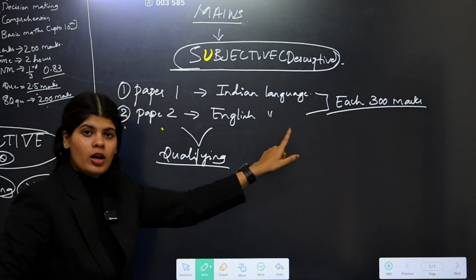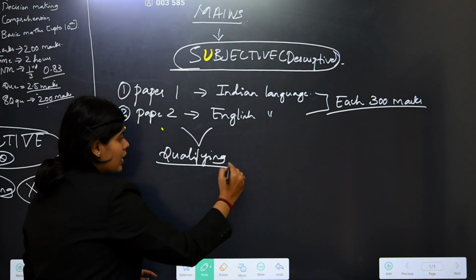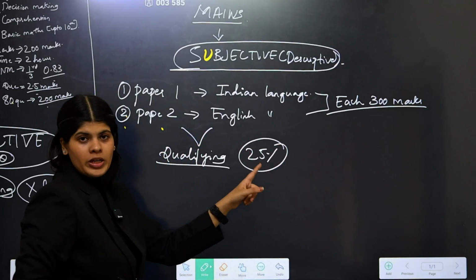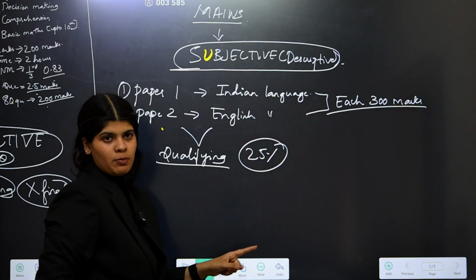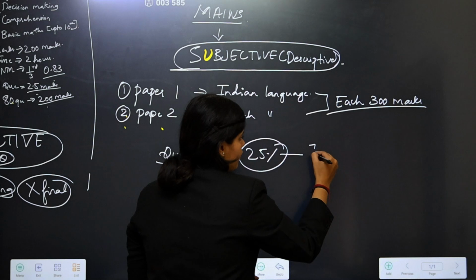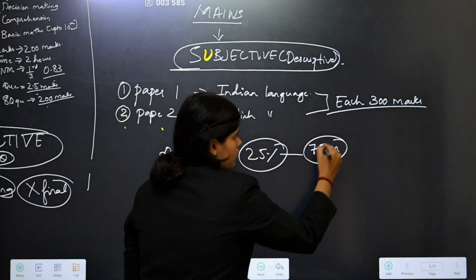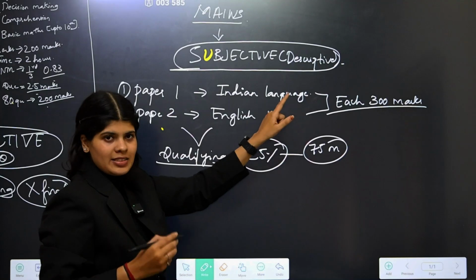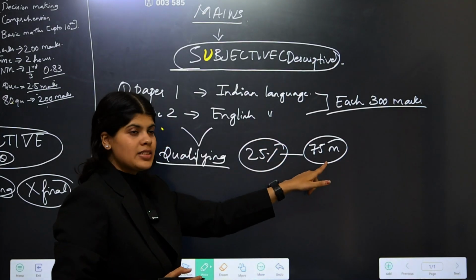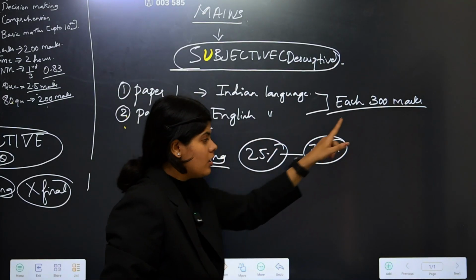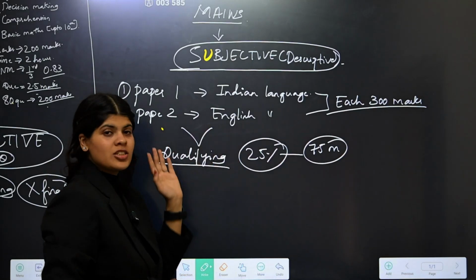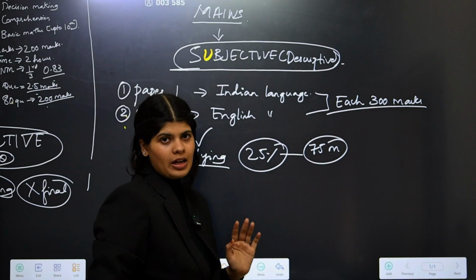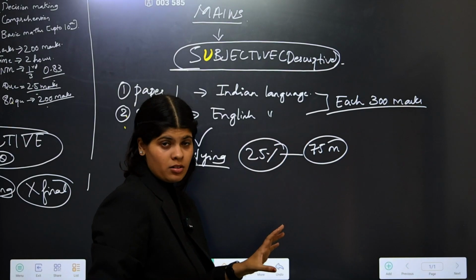Both papers are qualifying, which means that you need to get only 25% in each paper, which means 75 marks. In Indian language, for example Hindi, you need 75 marks out of 300, and English is a compulsory paper, so you have to get 75 marks out of 300. So these are your qualifying papers.